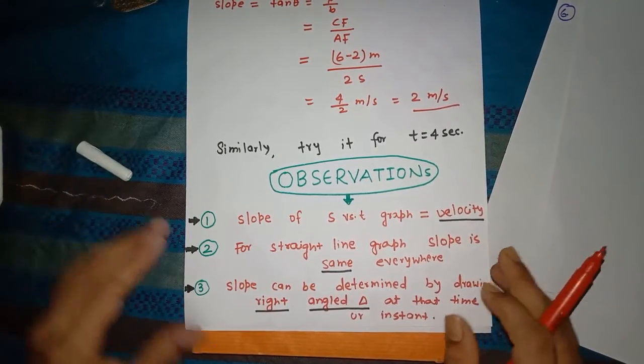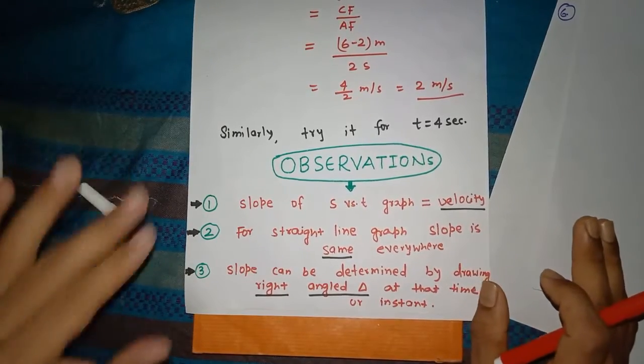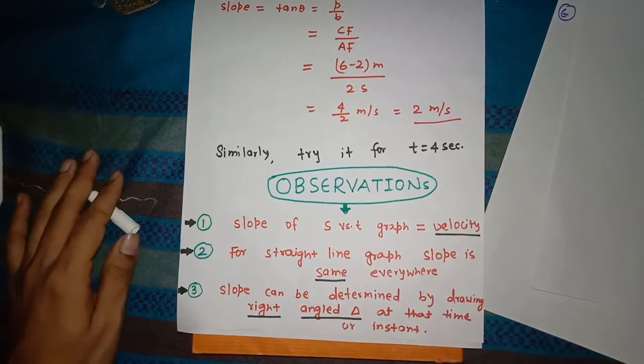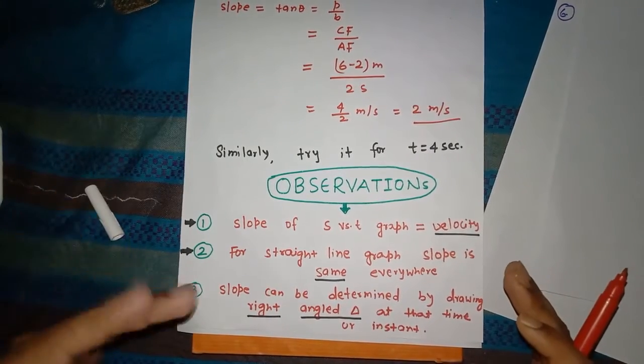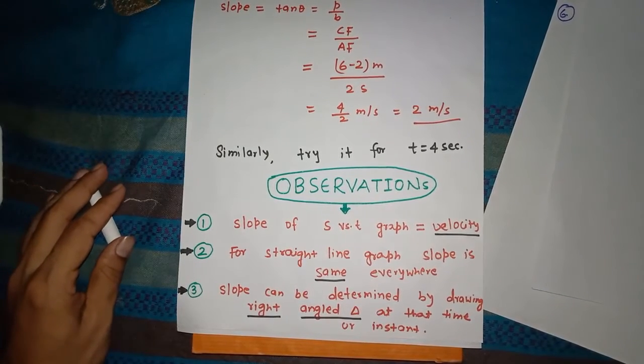I have already told you that the slope can be determined by drawing a right angle triangle at the instant. I have given you the idea how we draw the right angle triangle for finding the slope of the graph at that instant.